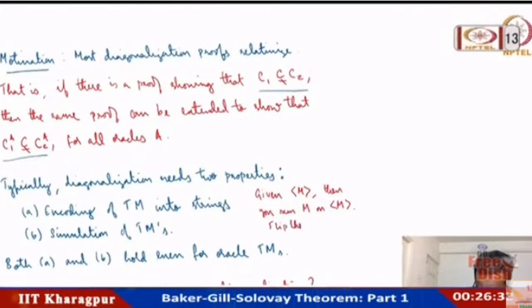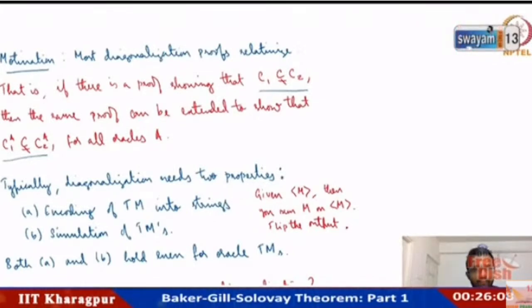This is what you typically do in the case of diagonalization. And then this will be part of a description of a Turing machine, let's call it D. D may have other things. And then you ask what happens when D is fed its own description, and you arrive at a contradiction. This is how proofs involving diagonalization work.